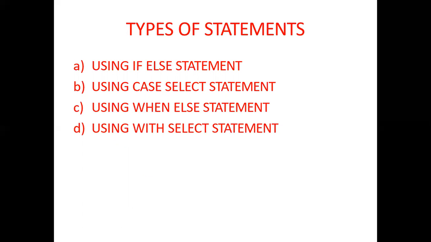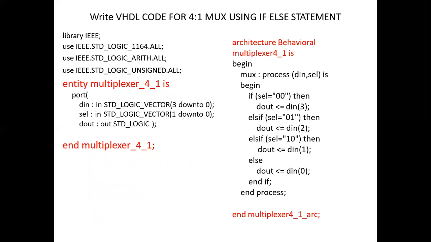Next we will see the types of statements using if and else conditions. The multiplexer is an implementation of 4:1 multiplexing. On the left side, we have the initialization and the input and output. For a 4:1 multiplexer, we need to define the select lines: 4 inputs, 1 output, and 2 select lines.